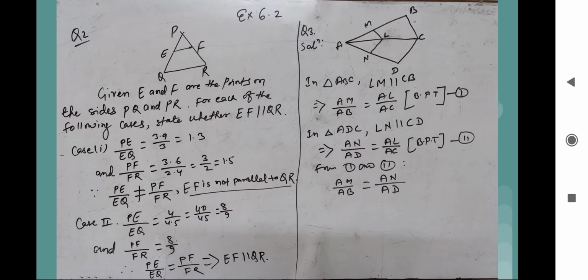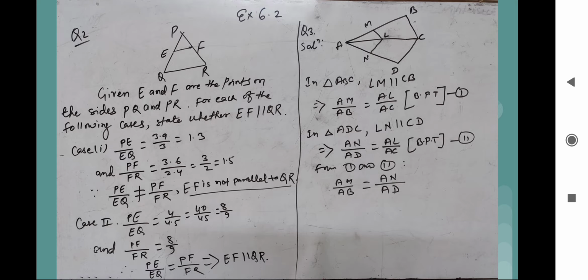So we have to check in which part of the question EF is parallel to QR or not. We will use BPT, the basic proportionality theorem.